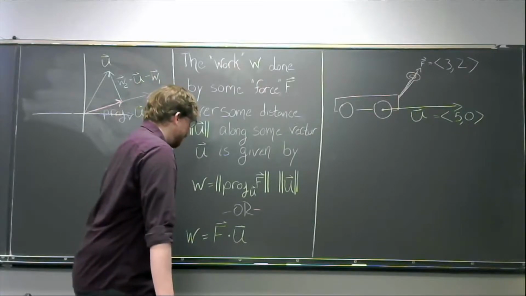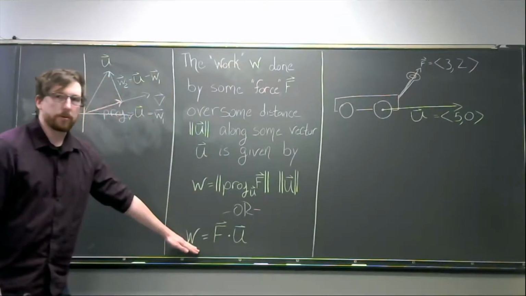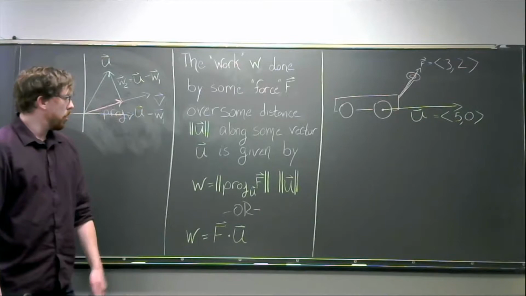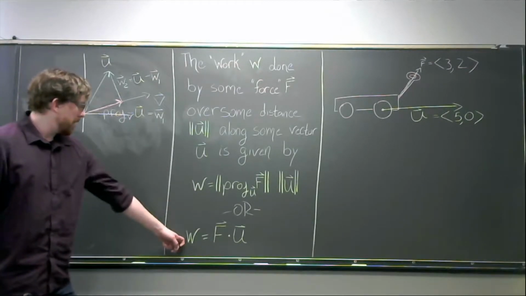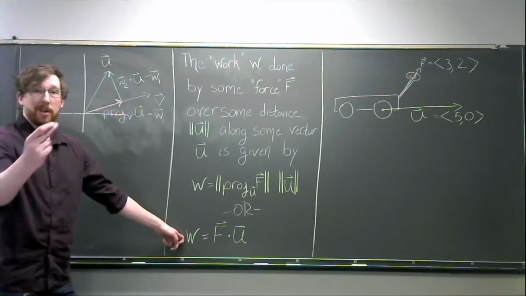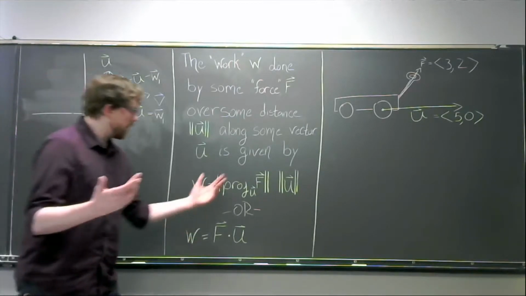Well, to do that, we can apply one of these two formulas, right? I think looking at this second formula is going to be faster. So let's go ahead and do it.